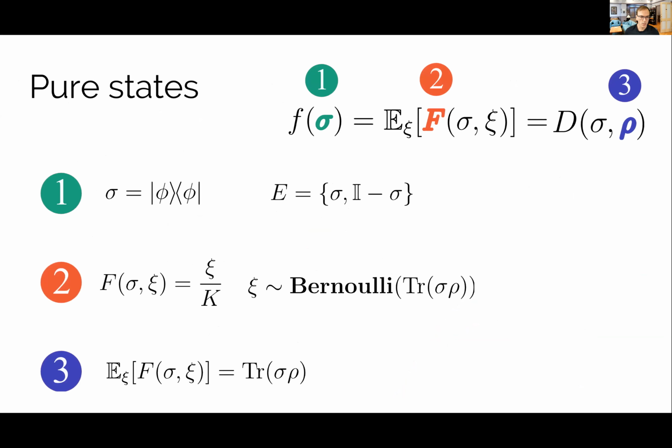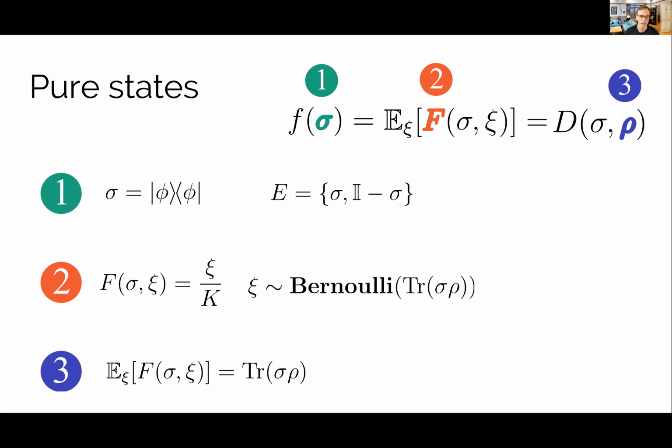Okay, so the ingredients for pure states is as was shown in the picture. The experimental controls that I use are a measurement, and this measurement is just some projector. And in the lab, what I do is I measure that projector versus just everything in its orthogonal subspace.